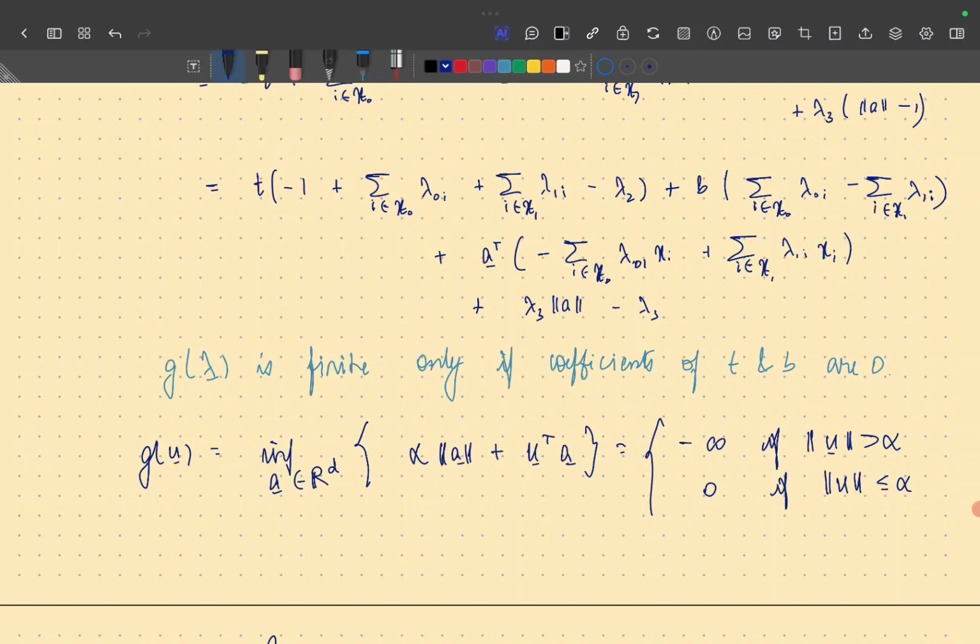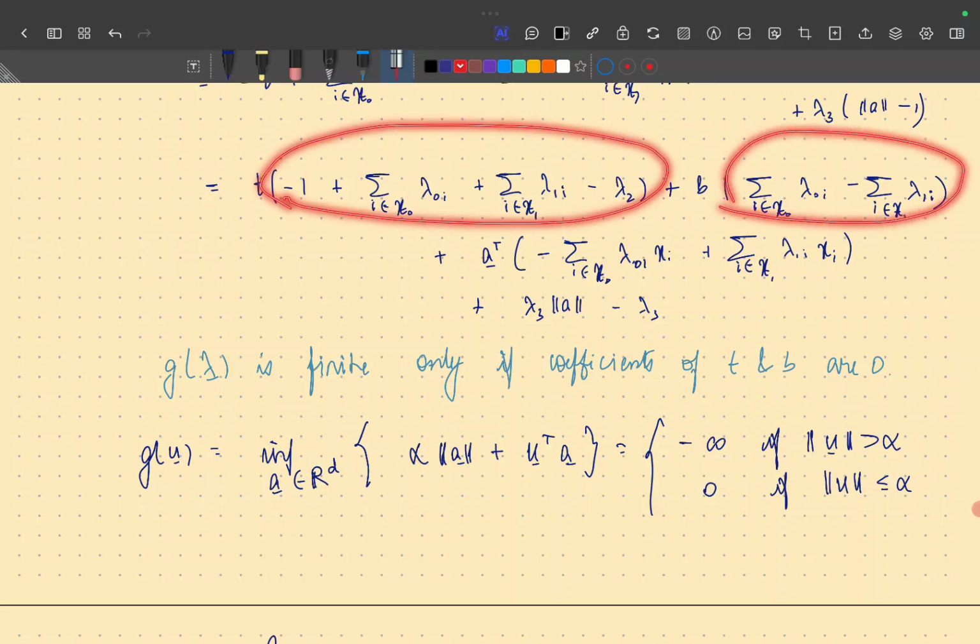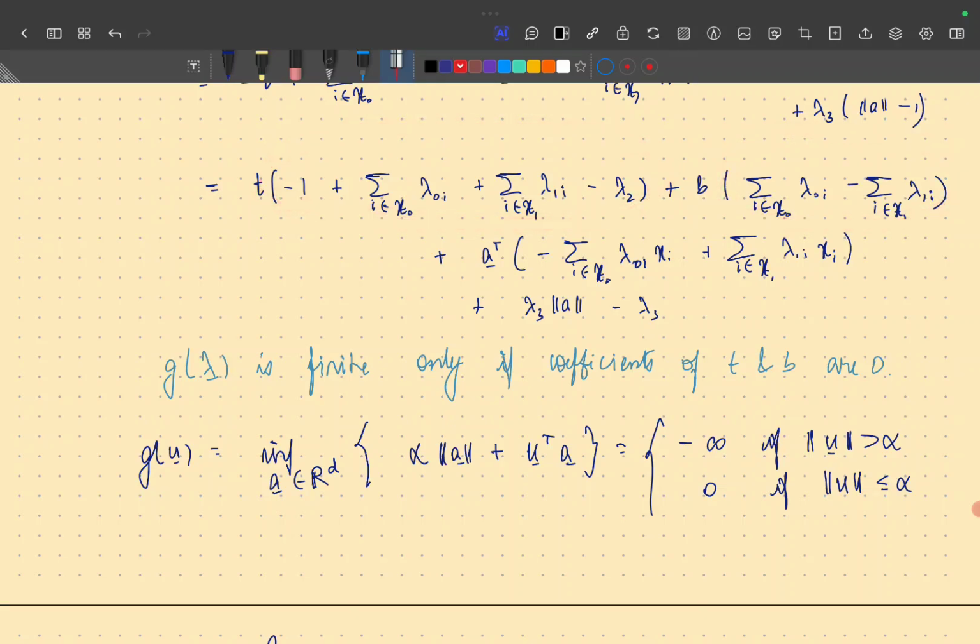If this quantity is non-zero, or this quantity is non-zero, or if lambda 3 is greater than something, or if the norm of this quantity is greater than something, then the Lagrange dual is equal to minus infinity.